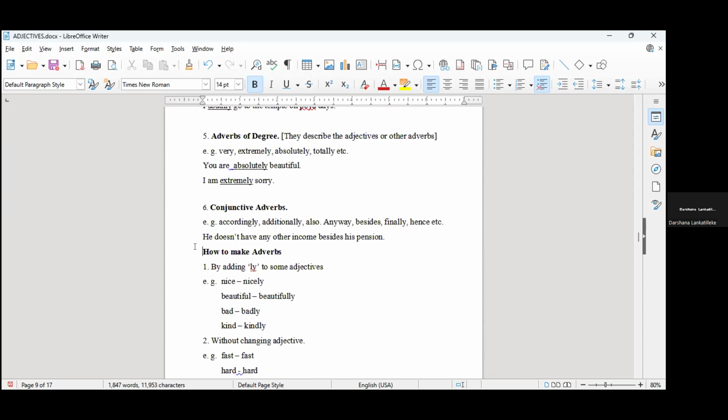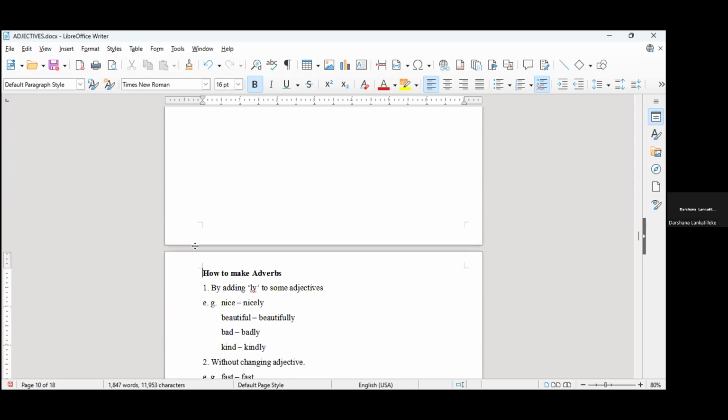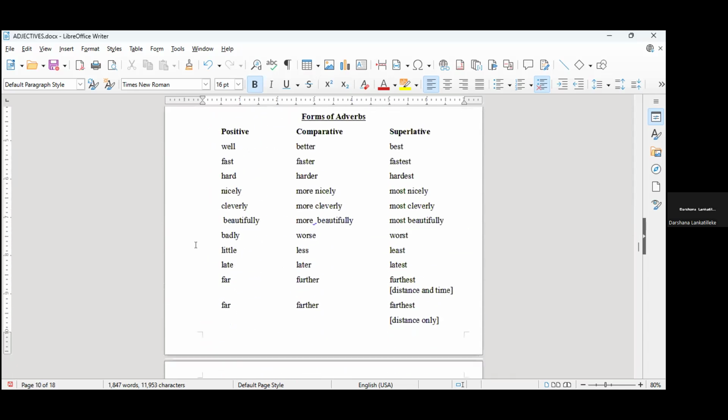Okay. Look at this. I said the list: far. Okay, far, further, and furthest. Further means when we consider the distance and time both.